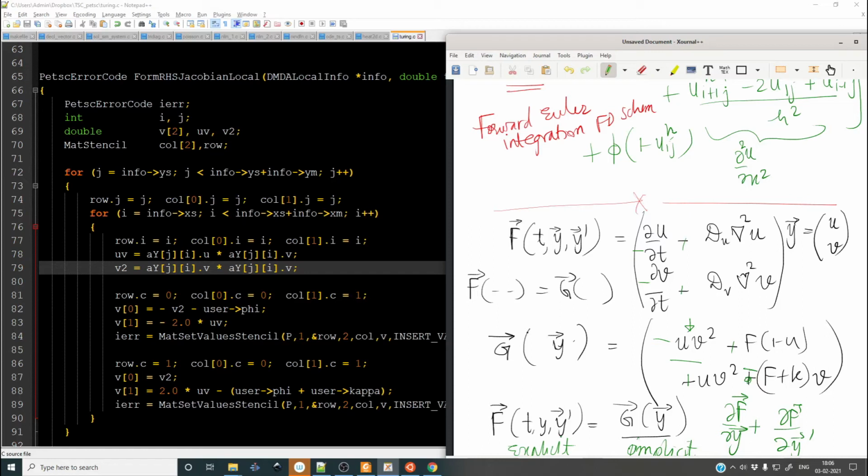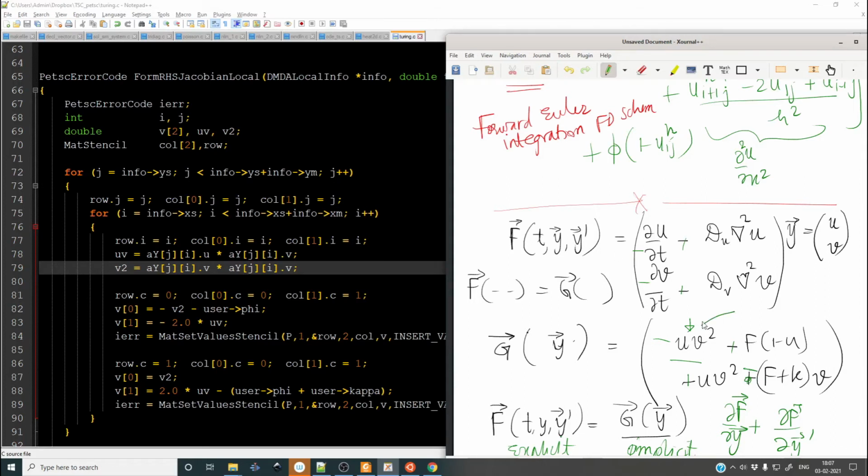So you're looping over the entire grid. So uv and v2 are defined as u times v and v squared. So this is going to be minus v2 minus f minus 5 times u.